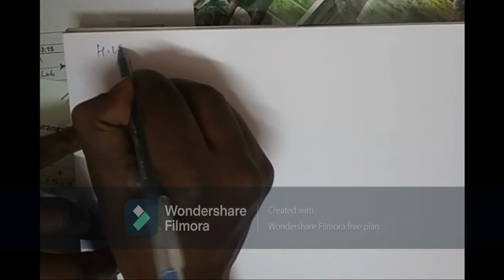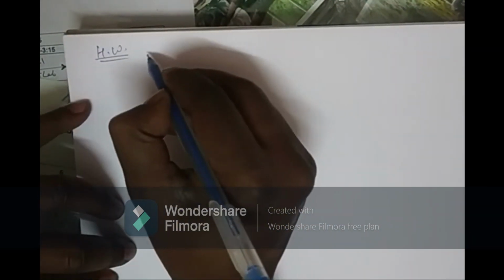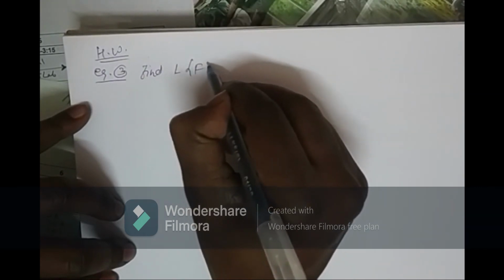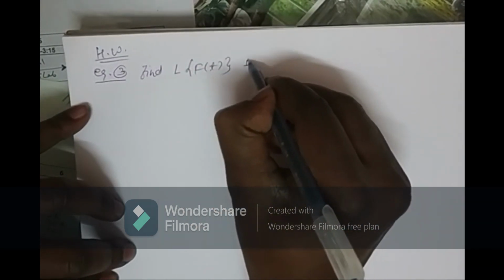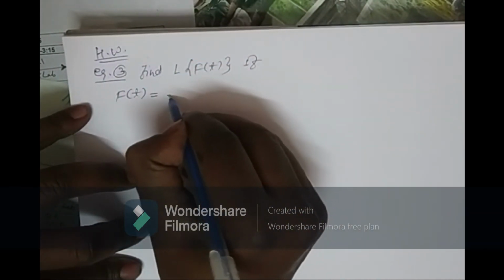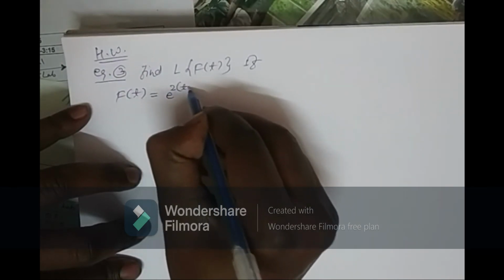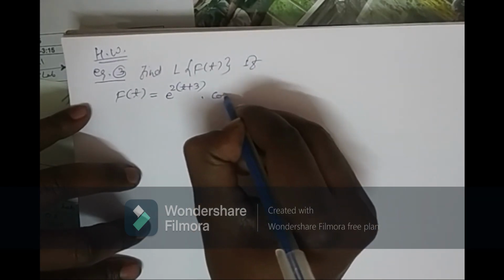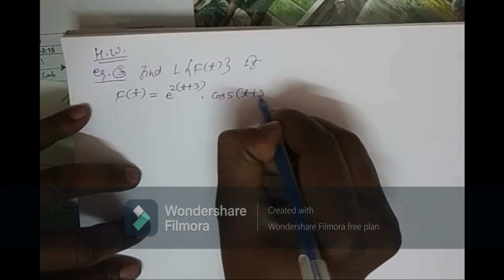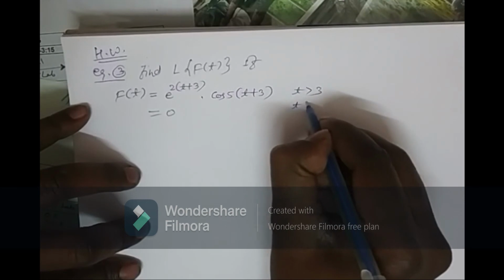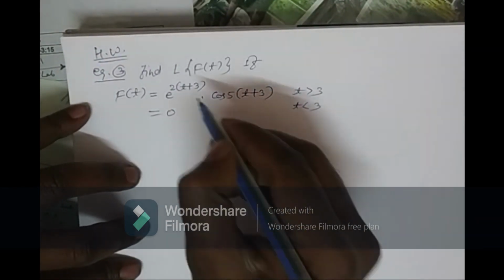Homework example number 3: find Laplace transform of capital F of t if f of t is equal to e raised to 2 in bracket t plus 3 into cos of 5 in bracket t plus 3 for t is greater than 3 and is equal to 0 for t is less than 3. Now what is the hint here?